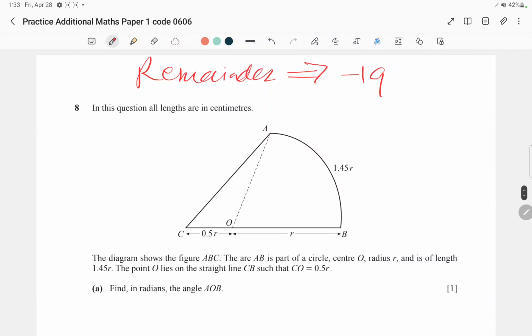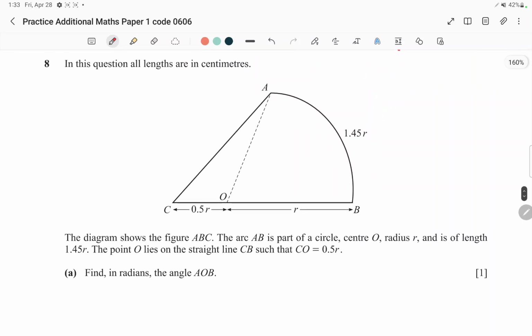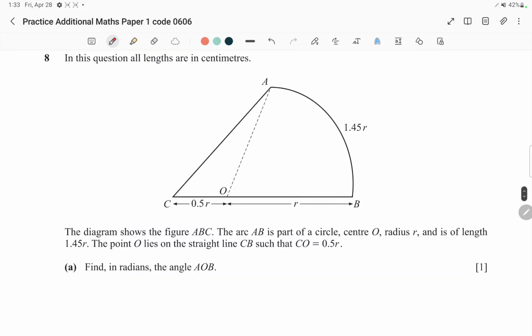Okay, now come to the next question that says the diagram shows a figure ABC. The arc AB is a part of a circle with center O. This is the center for this arc, radius R, and arc AB has length 1.45R.